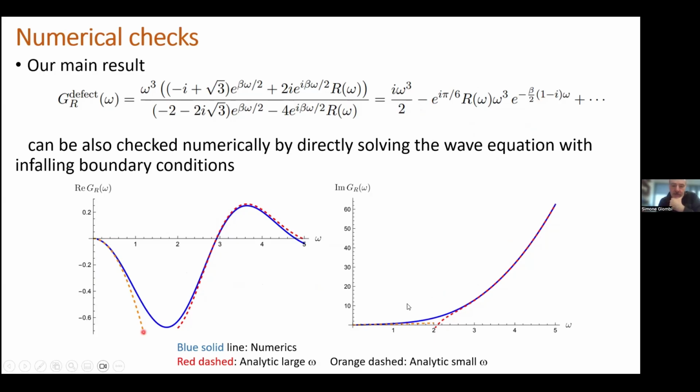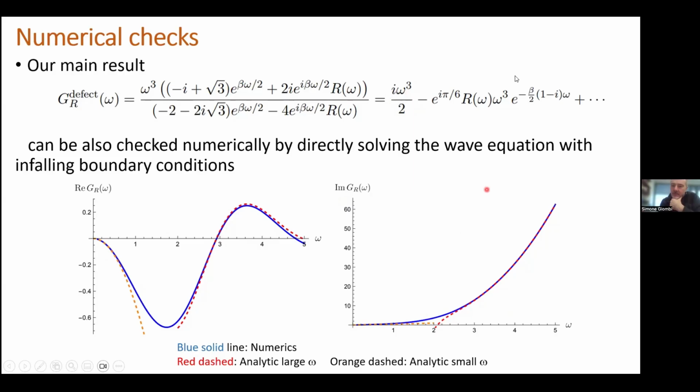And the orange dashed line is the analytic small omega result that Son and Starinets computed long ago. That's just to make sure that the numerics is correct. That matches also here at small omega. Okay, for the imaginary part, everything is saturated actually by the zero temperature result.